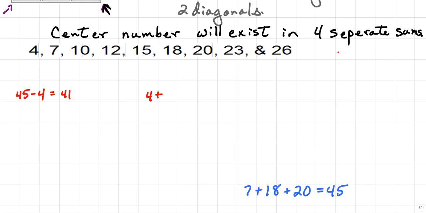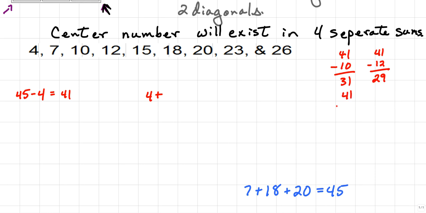So we'll try 10. Let's take 41 and we'll subtract 10 from that, and that leaves 31. That doesn't work either because 31 does not exist in my list. So let's try 12. 41 minus 12, and that will be equal to 29. That's not going to work because 29 does not exist in my list.